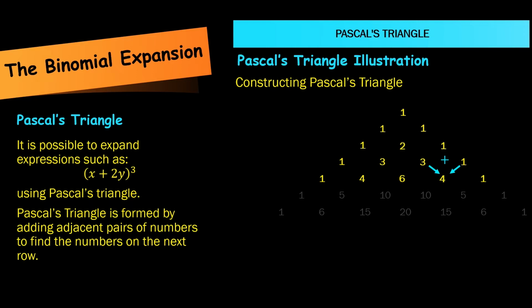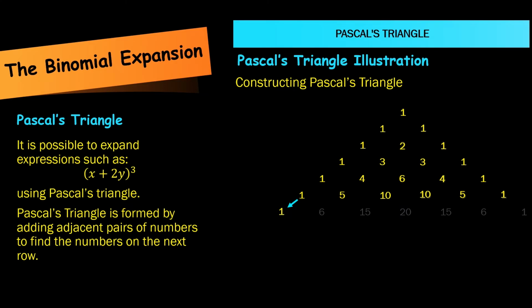3 plus 3, 3 plus 1, 1 goes in the next row down and the other one here. 1 plus 4 is 5. 4 plus 6 is 10, 6 plus 4 is 10, and 4 plus 1 is 5.